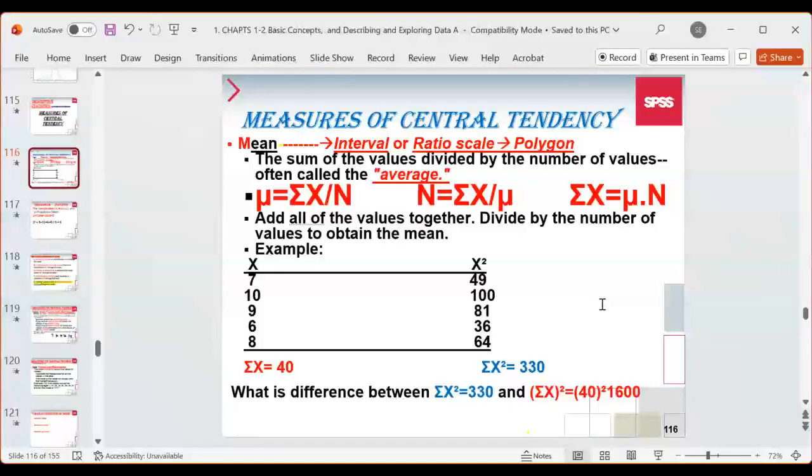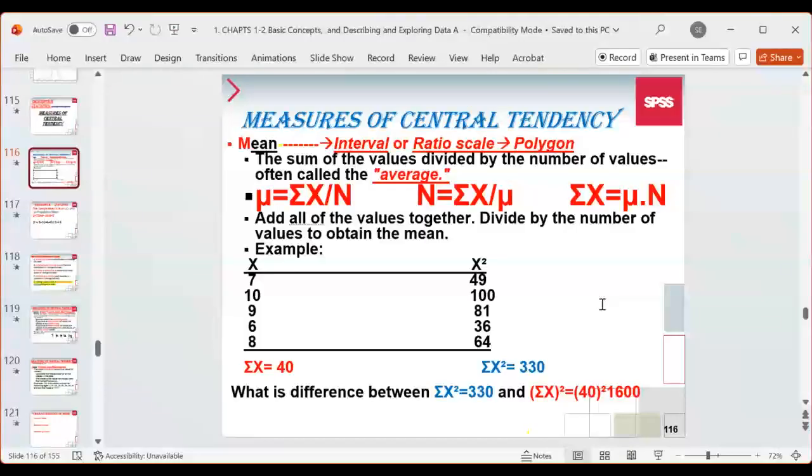And how do you calculate the mean? When you've got a bunch of numbers, let's say X in statistics means a score. The difference between statistics and mathematics is that in statistics we have a symbol for everything.